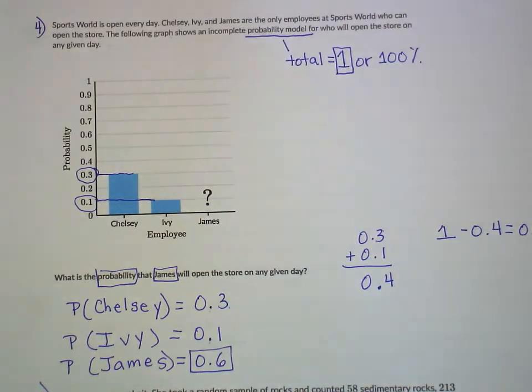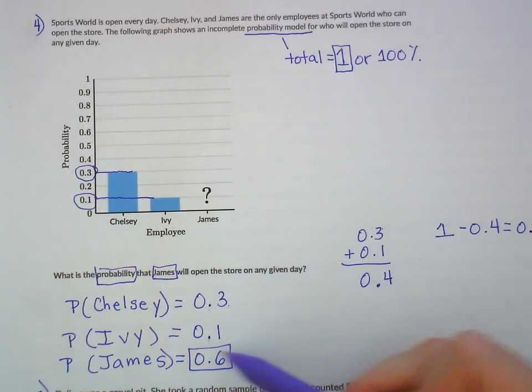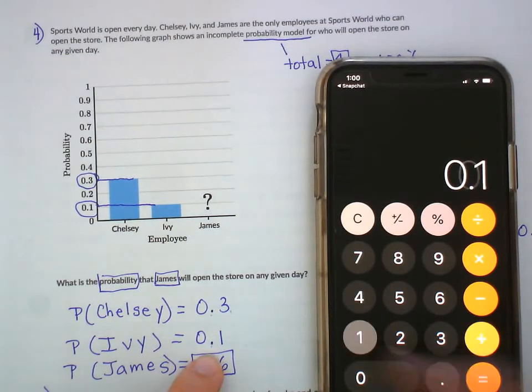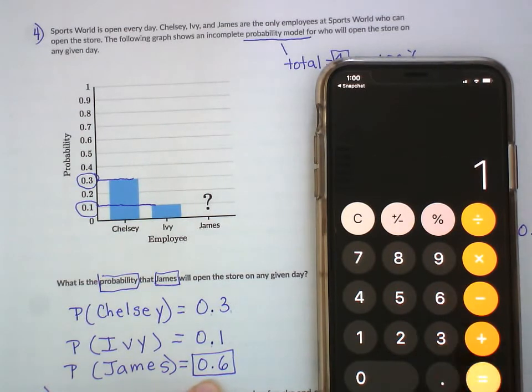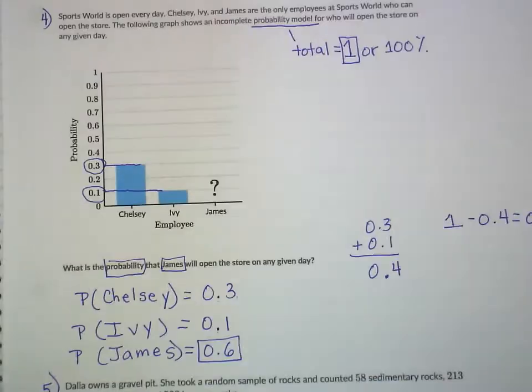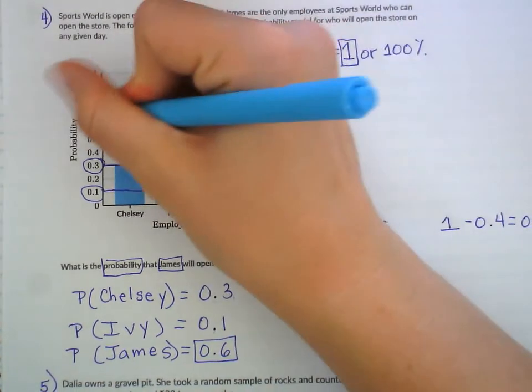I recommend always checking. So 0.3 plus 0.1 plus 0.6 is 1. Perfect. So James's bar, if you had to draw it, would be 0.6, which is right here.